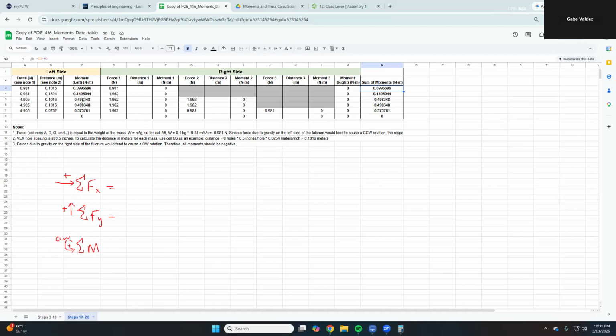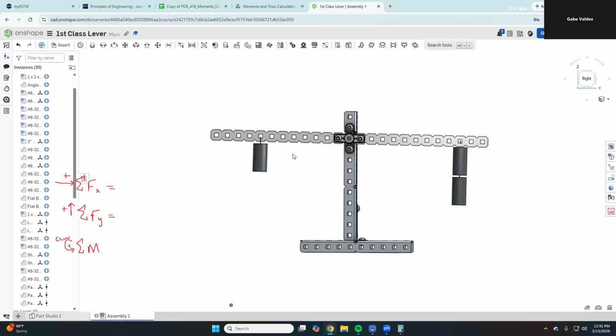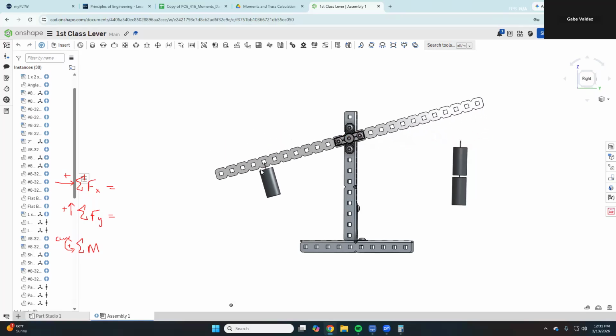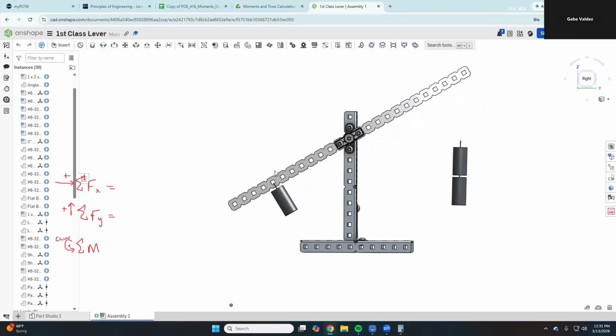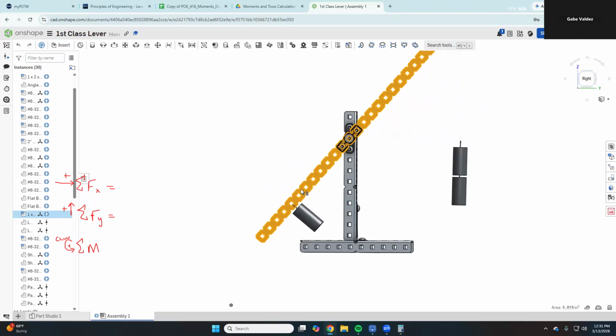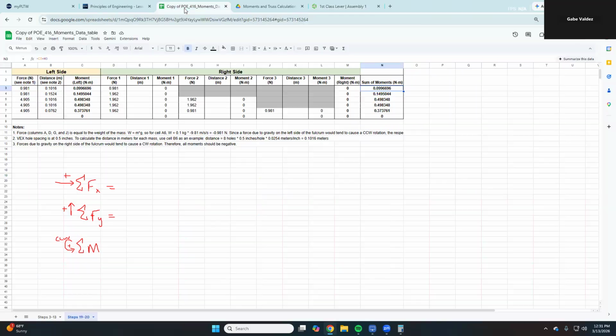So all my left side masses here, if I take a look at my assembly, when I place a mass on the left-hand side, it's going to want to rotate like this. So that's a counterclockwise rotation. So all the moments on the left-hand side will be positive, right? So positive moments.